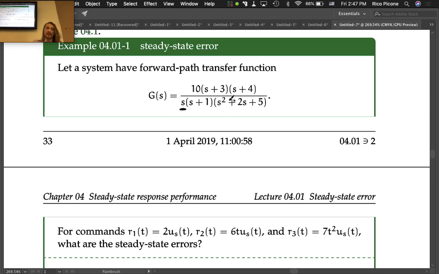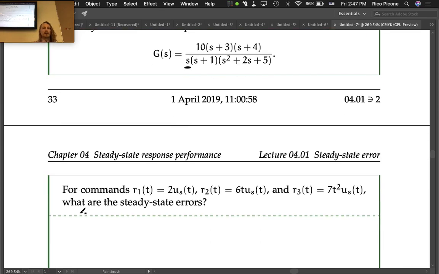You can't factor out any other s's from this. It doesn't matter where that s showed up. It could have been s squared plus s, and you could have factored out 1 s. Once you factor out s, you have the number of integrators. So you have to do that factoring out first. So we have 1 integrator, so we have a type 1 system.